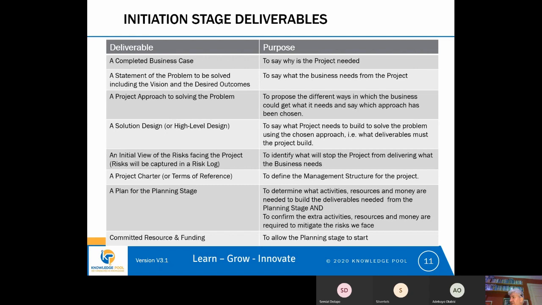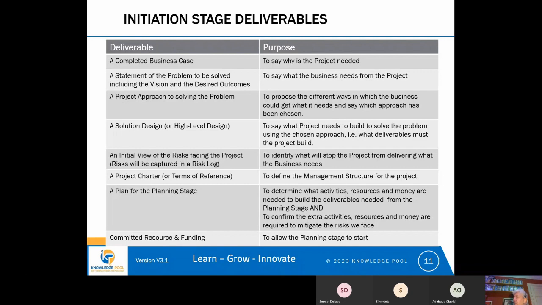And we mentioned previously as well that we should have a plan for the next stage. The next stage after initiation is called planning. So we need a plan for the planning stage. And it's in the plan that we determine the activities, the resources and the money that are needed to build the deliverables that are needed from the planning stage.